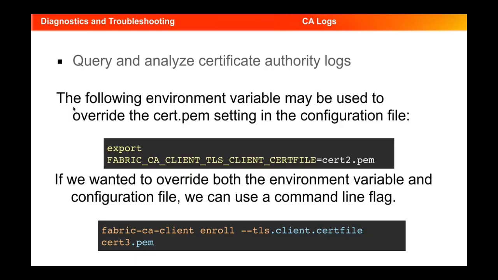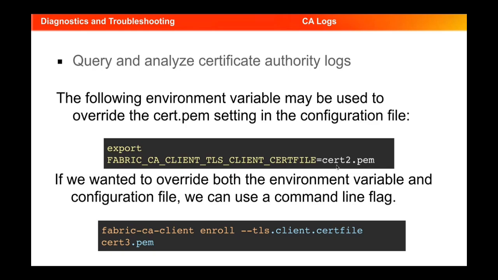If you want to override whatever is present in the file, then you will go for these environment variables, which are shown here. This is the command that you are going to execute, where you override that particular environment variable, and the value that you pass as part of this command will override it.